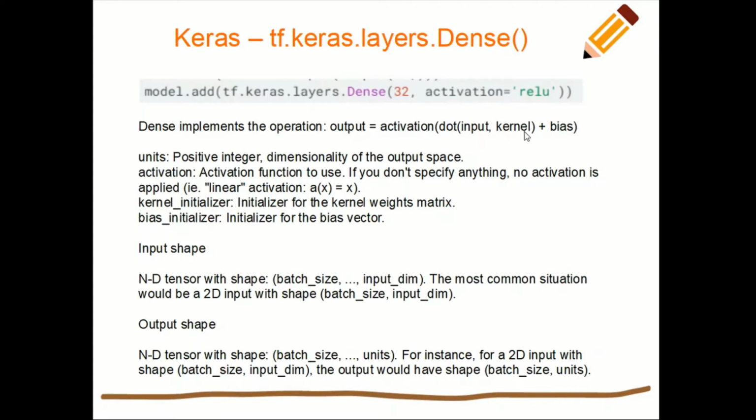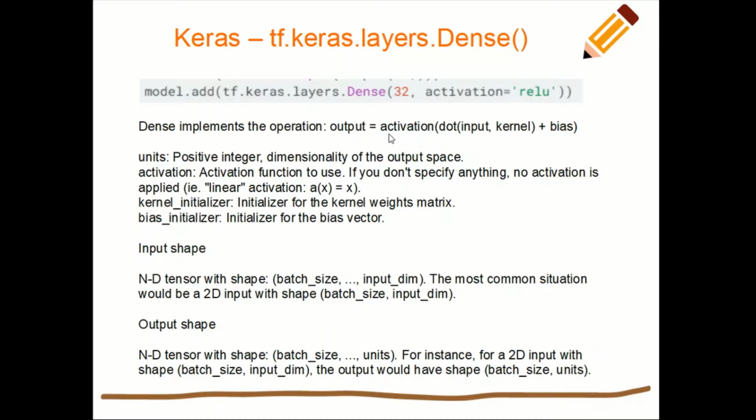Input and weights are multiplied by matrix multiplication, plus the bias vector is added to it. Once we have this output produced, it is passed through an activation function, and we will see what that activation function is in the next couple of slides.